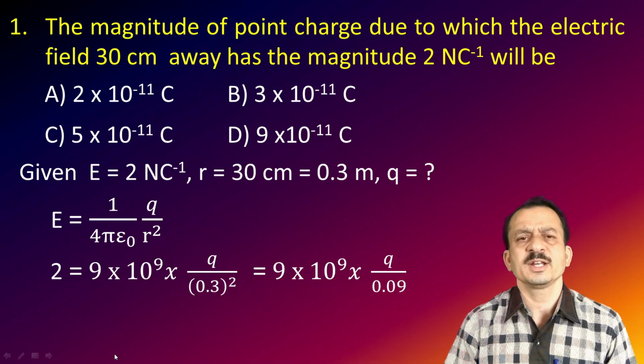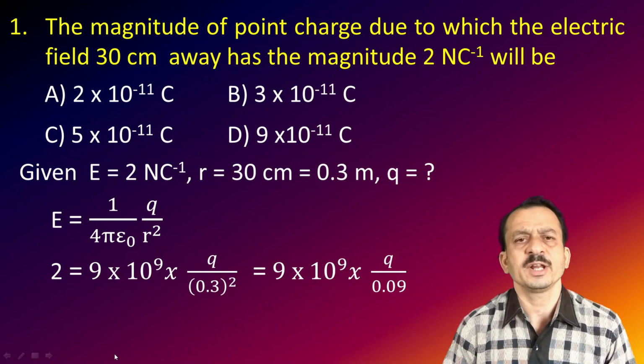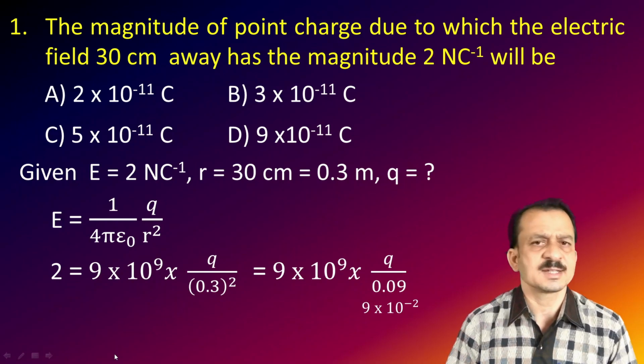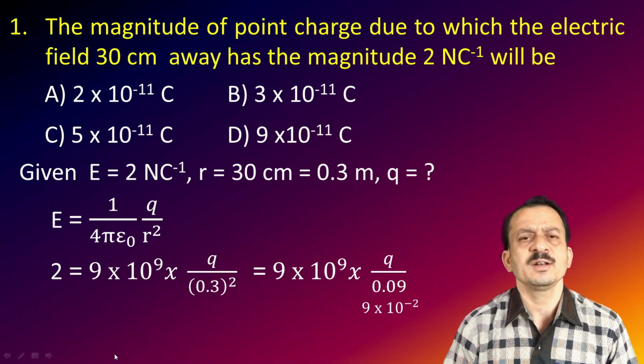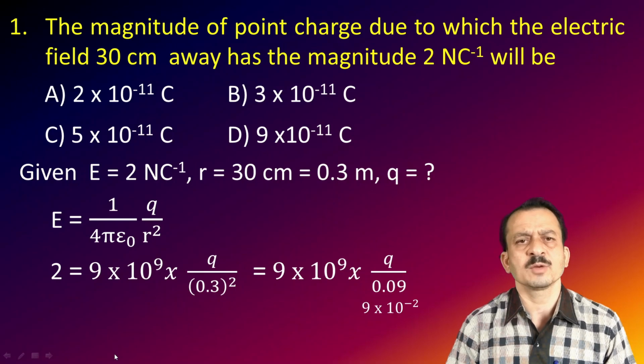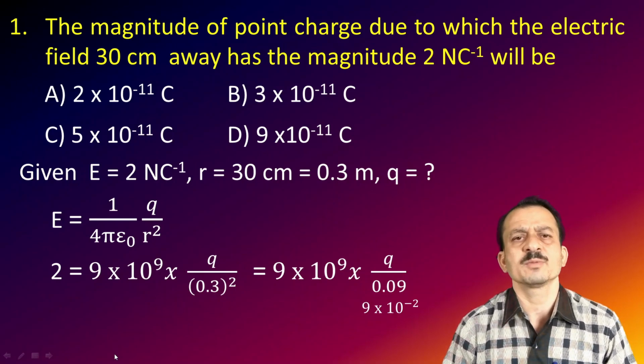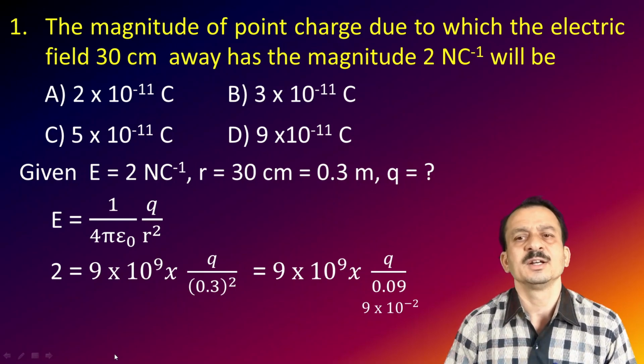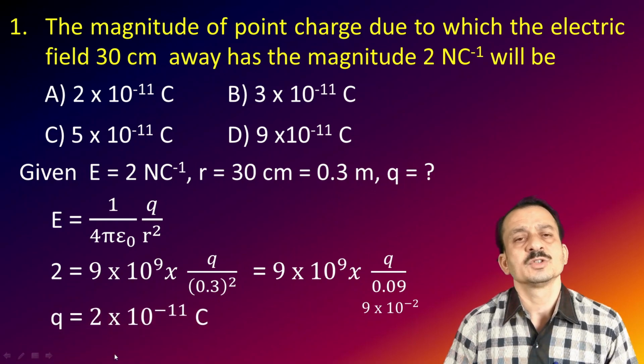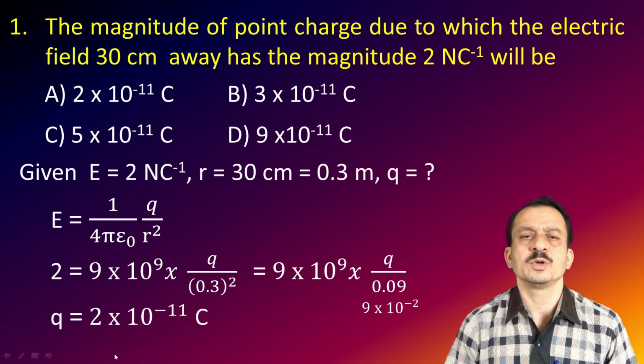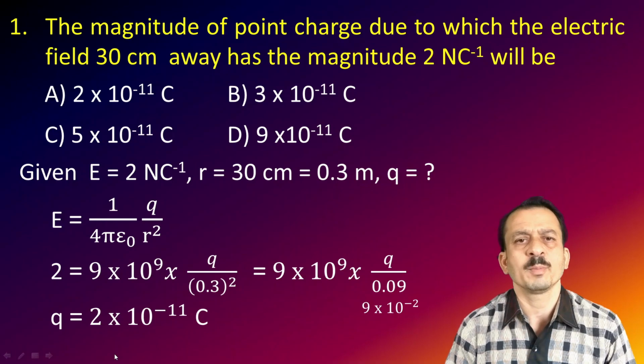Now 0.09 can be written as 9 into 10 raised to minus 2. Now 9 gets cancelled there. So 10 raised to 9 and 10 raised to minus 2 in the denominator moves to the numerator. It becomes 10 to the power of 11. Therefore the answer becomes Q is equal to 2 into 10 to the power of minus 11 coulombs.